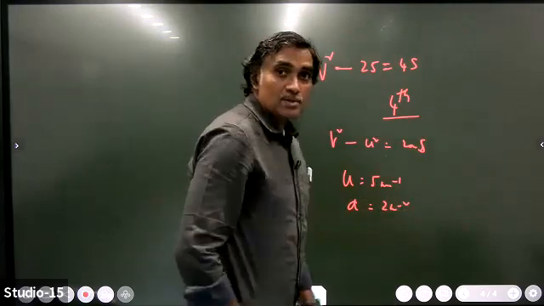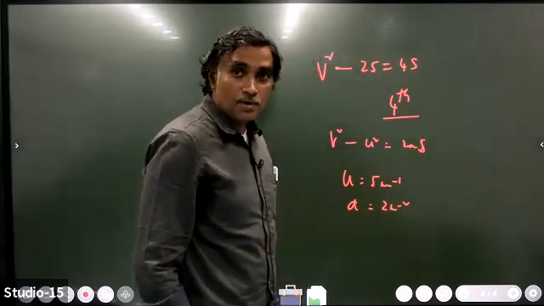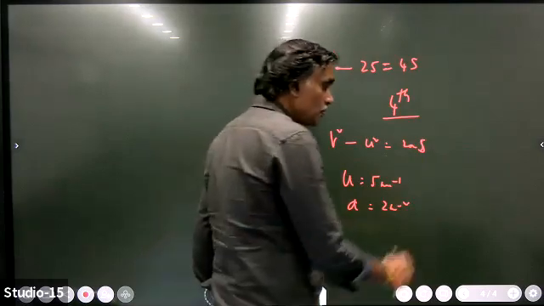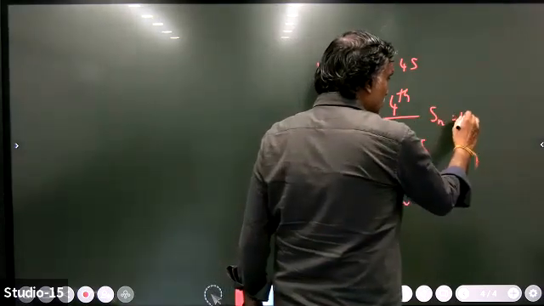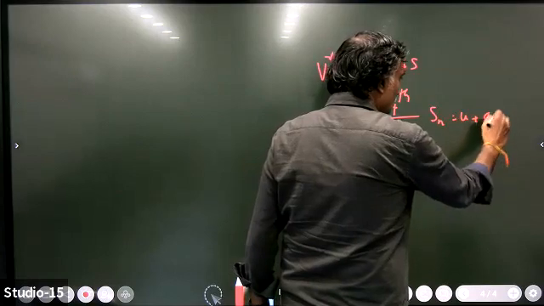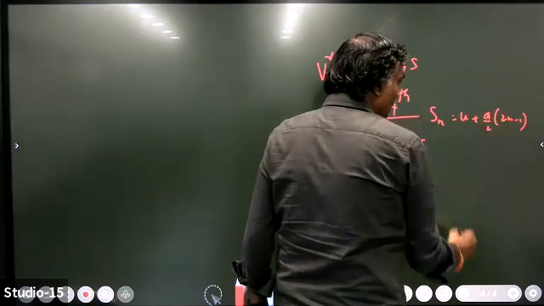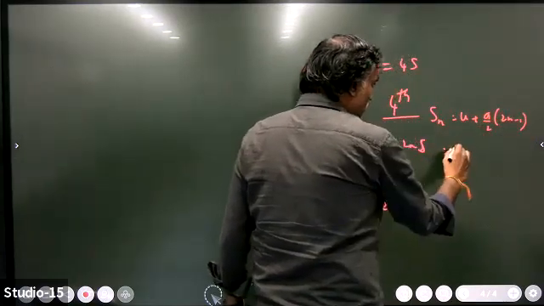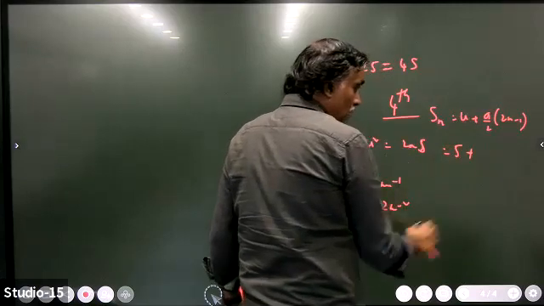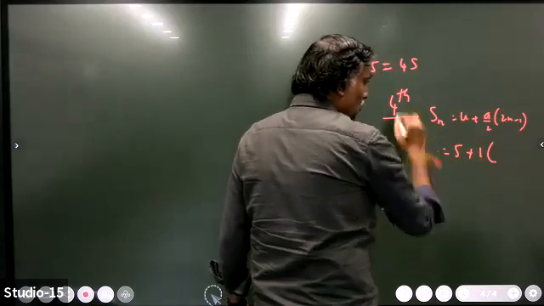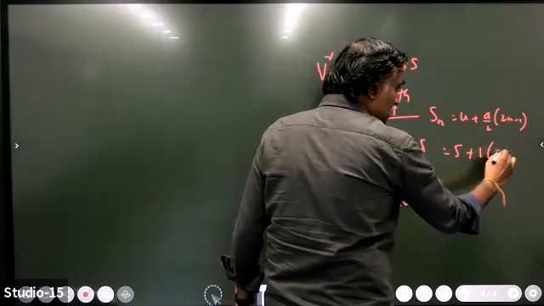Then you have to find displacement during the 4th second. Then what is the formula? Sn equal to u plus a by 2 into 2n minus 1. Okay. What is u? 5. A by 2 is 1. And n is 4. So 4 into 2, 8 minus 1, that is 7.